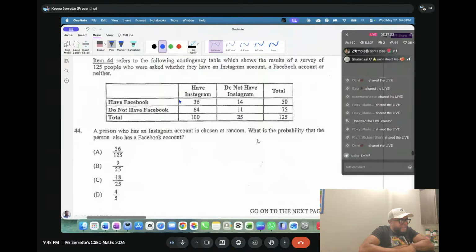Have Facebook, have Instagram. Repeat the question. A person who has an Instagram account is chosen at random. What is the probability that the person also has a Facebook account, right? So if you deal with that person, what's the total number of persons?